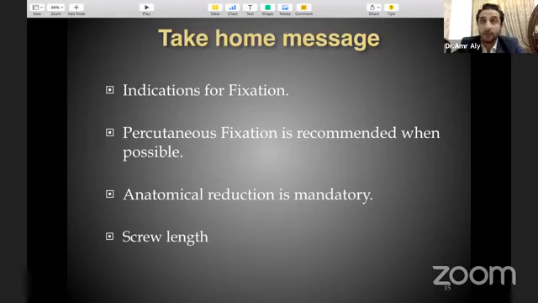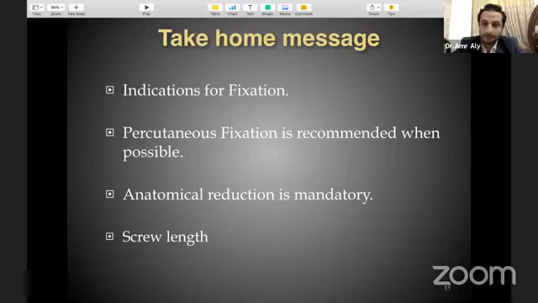But if we don't obtain a good reduction, we have to open it, as in such a case, because anatomical reduction is mandatory; the scaphoid is largely intra-articular, so this is an intra-articular fracture. Screw length is very important, so as not to make it prominent and not to cause chondrolysis of the scaphoid cartilage. So we have to decrease it by at least 4 millimeters or even more.